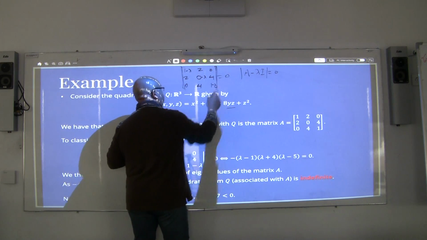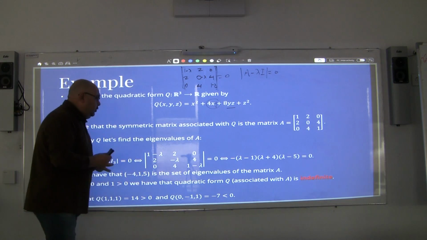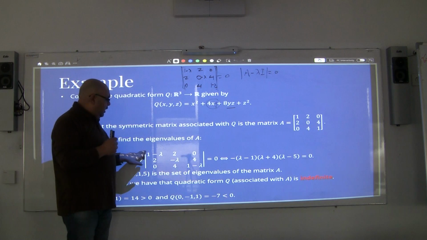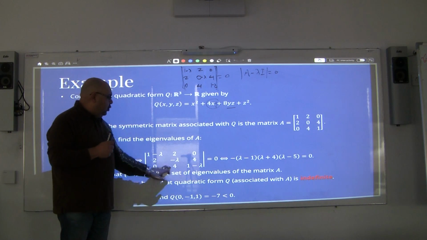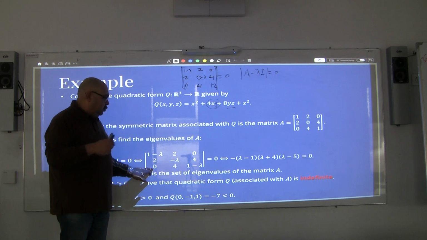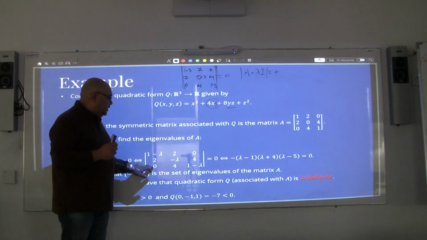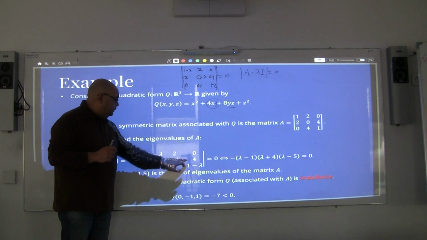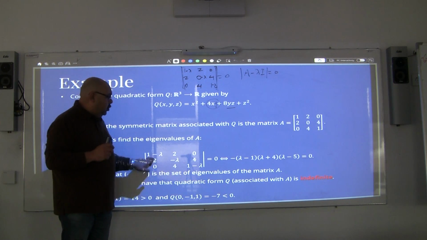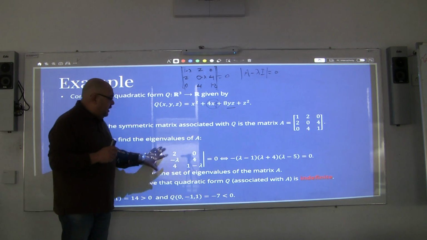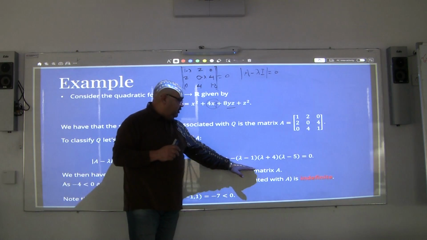I will multiply 1 minus lambda times negative lambda times 1 minus lambda, then 2, 4 times 0, 4, 2 times 0, which will be equal to 0. This is going to equal 0, minus 16 times 1 minus lambda, minus 4 times 1 minus lambda.